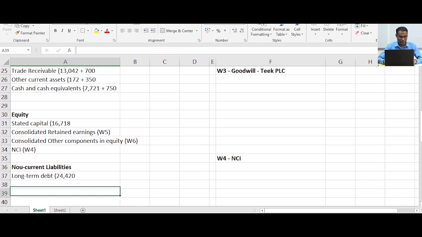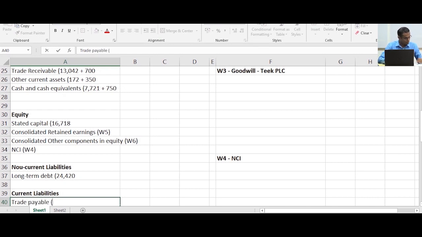Then you take the current liabilities. Again, what you need to do is the line by line addition of the parent's and the subsidiary figures. Trade payable, parent's 11,970, right?